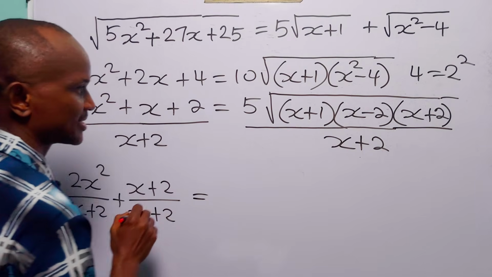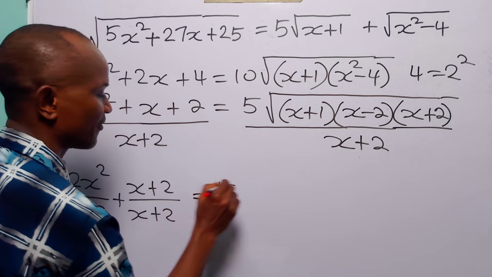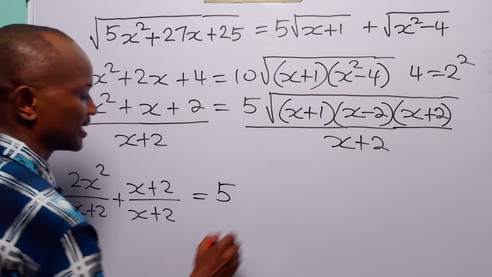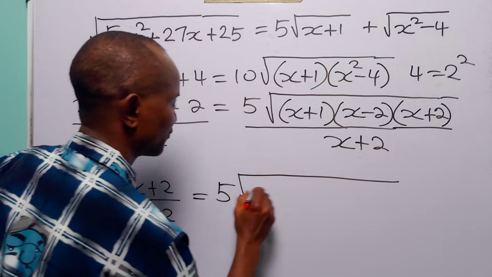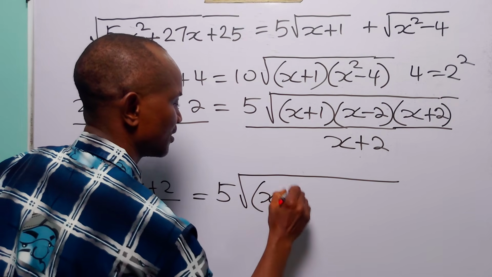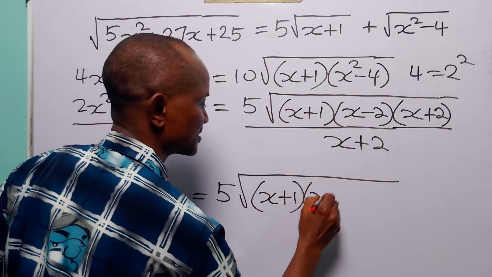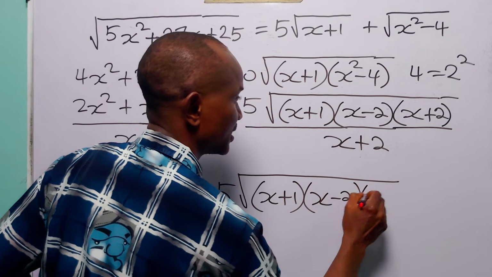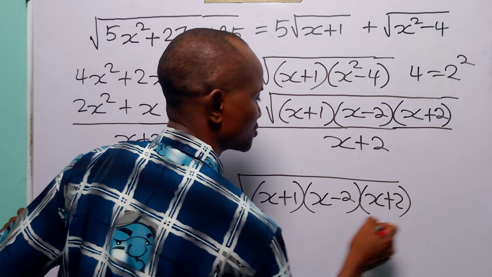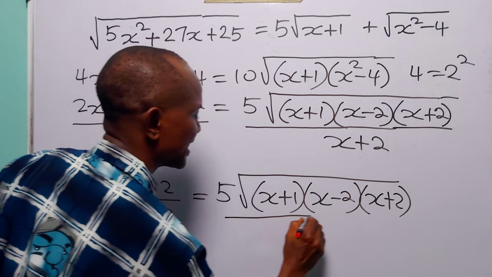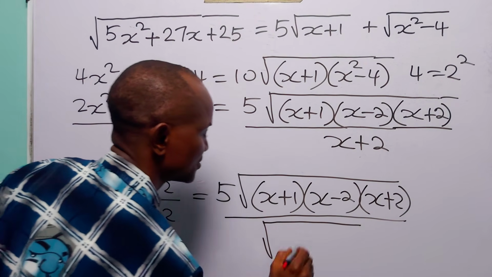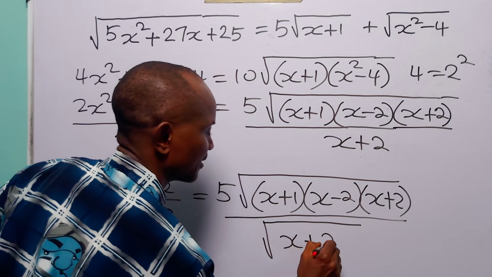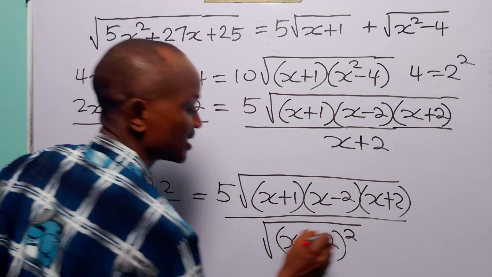And on the right-hand side, we have 5 times the square root of x plus 1 times x minus 2 times x plus 2 divided by the square root of x plus 2 squared.